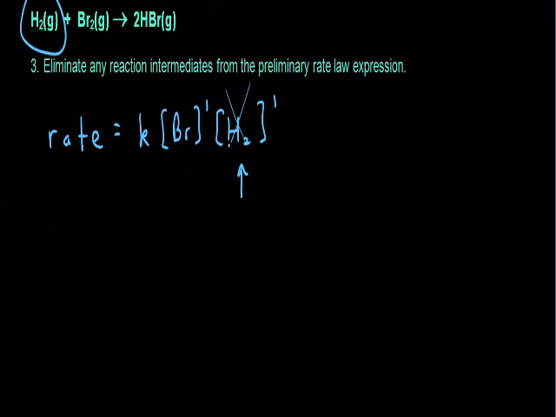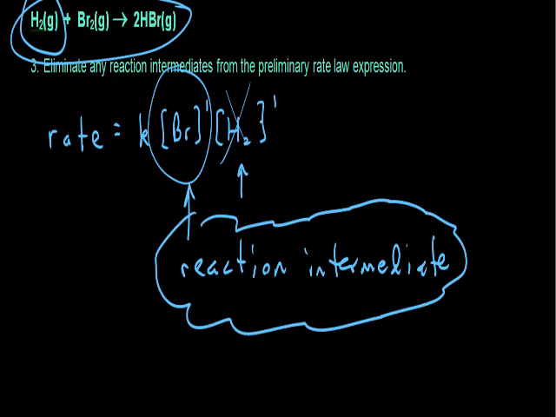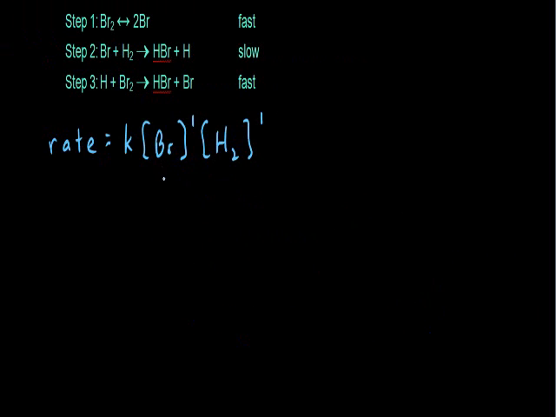So the H2 would not be a reaction intermediate. On the other hand, the Br does not appear anywhere in our balanced equation. This identifies the Br as a reaction intermediate, and we now need to take steps to eliminate the Br from our preliminary rate law expression.